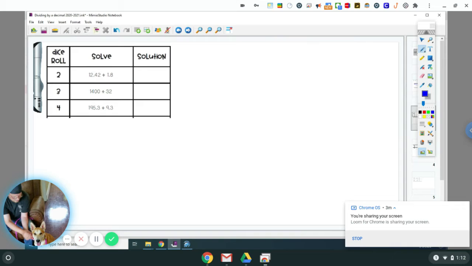All right. So I'm going to do these 3 problems, and then you have a couple more to do after that. So we're going to divide 12.42 divided by 1.8. So 1.8 goes on the outside. You're going to move this once, and what you do on the outside, you do on the inside, so you're going to move this once. So it's going to go in between the 4 and the 2, and that's okay.